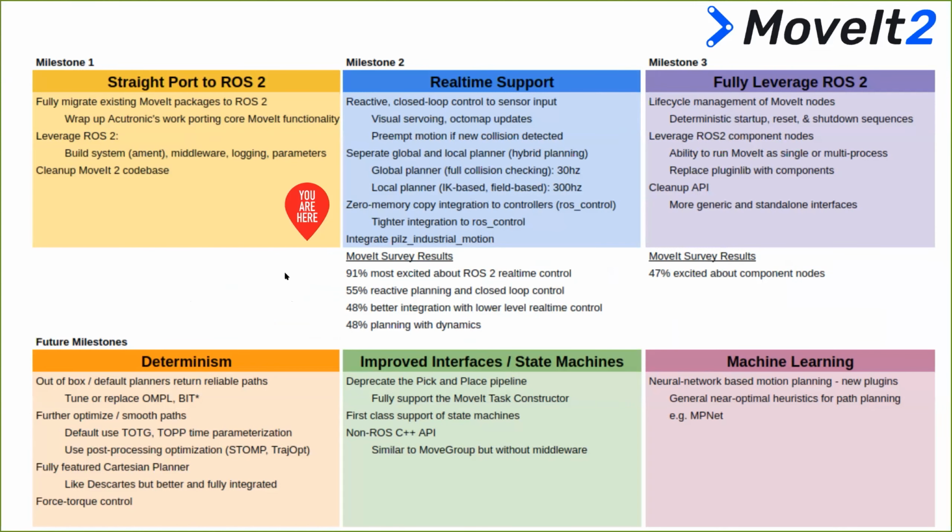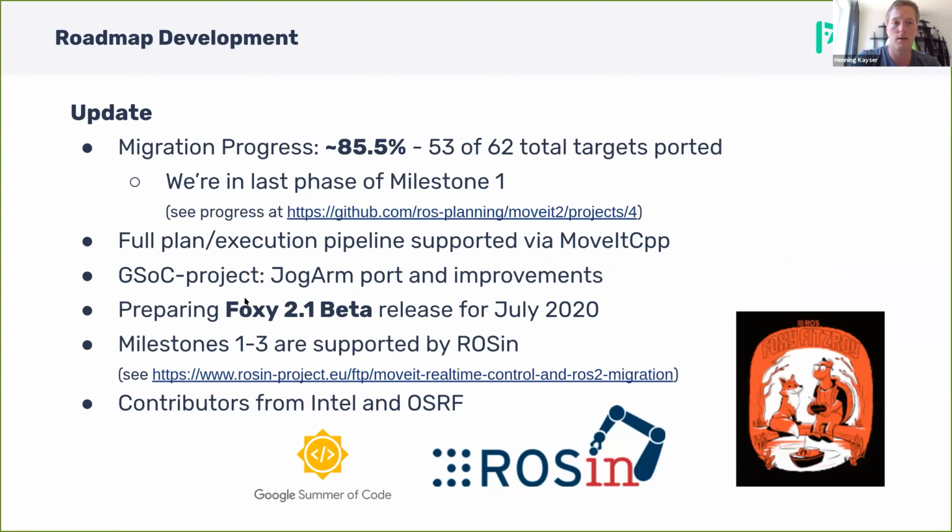That's the milestone. The release in July is the ROS-I release, which means that it will still be a beta release. We don't really expect that we will get to 100%. We try to, but probably it will still be a limited version, so it's not quite all of milestone 1 yet.